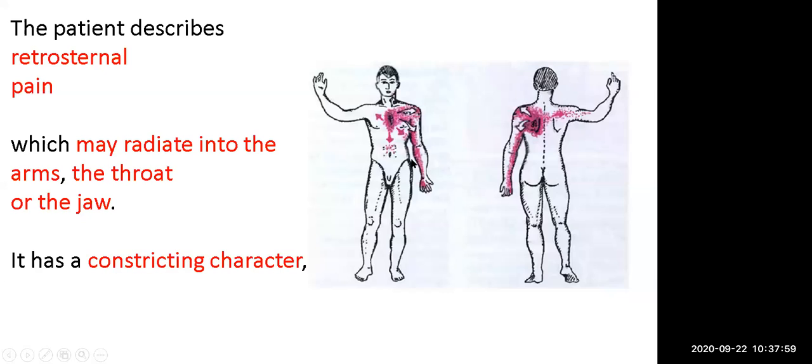Pay attention to the left side, because our heart is mostly located there. So they will say, yes, it radiates to the left shoulder, to my arm. It can also radiate to the left or lower jaw, the throat, and also the left scapula.